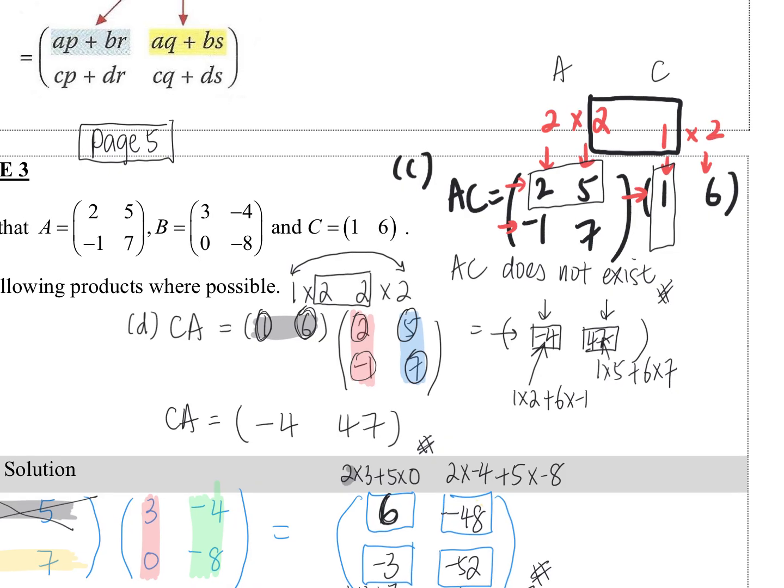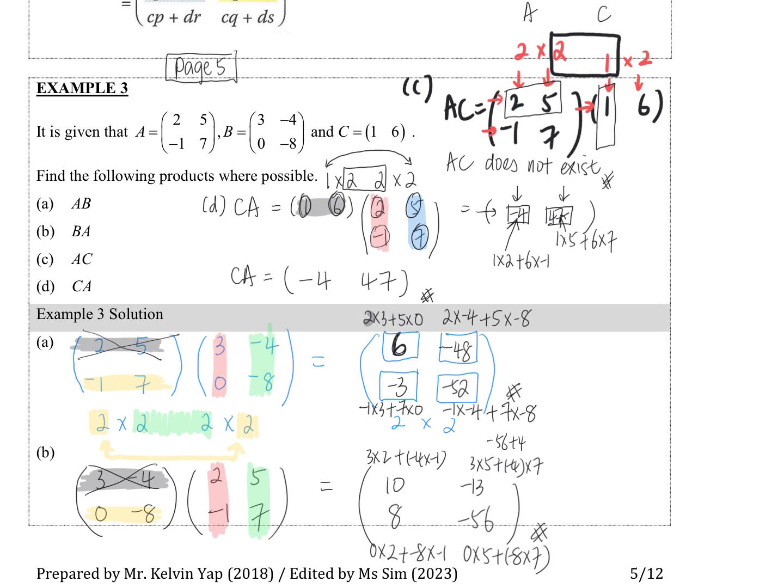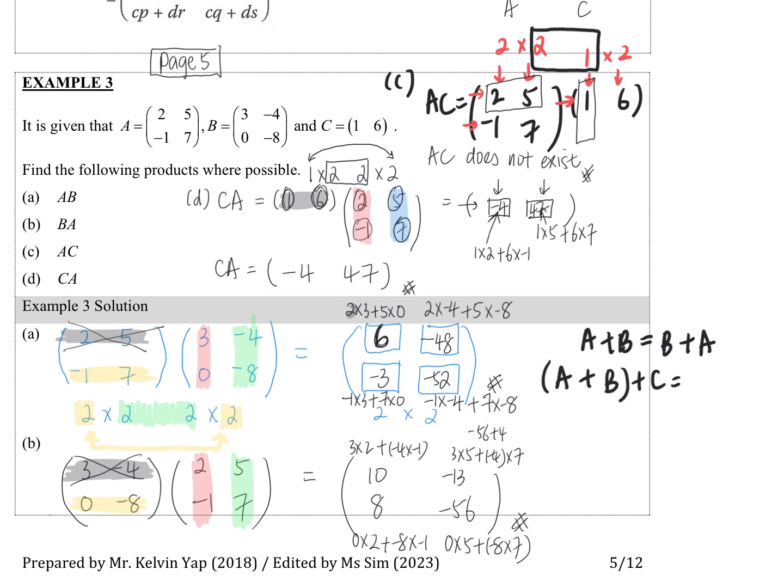Earlier on we learned that A plus B is the same as B plus A. We also learned that if we have 3 of them, which one you add first doesn't matter; we will get the same answer if it's addition. We learned this in the previous notes. But in this set of notes, we learned that when multiplying matrices, AB is not equal to BA. You look at these two answers, they are not equal at all.